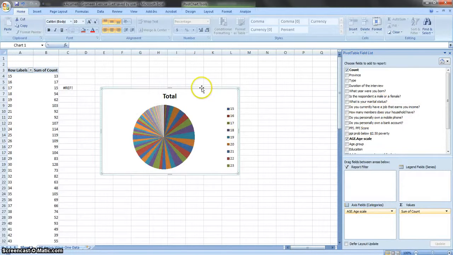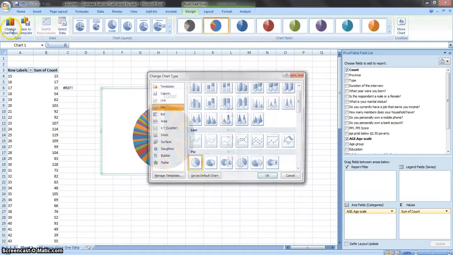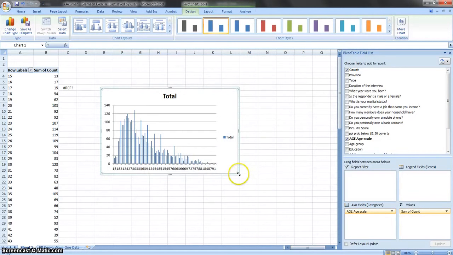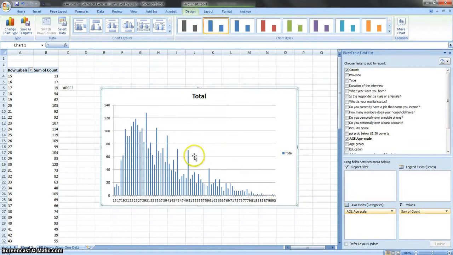Instead of a pie chart, we're going to change it to a bar chart. So you will see the distribution of all the ages and all those values. This is very important so you can understand the distribution of your variables.